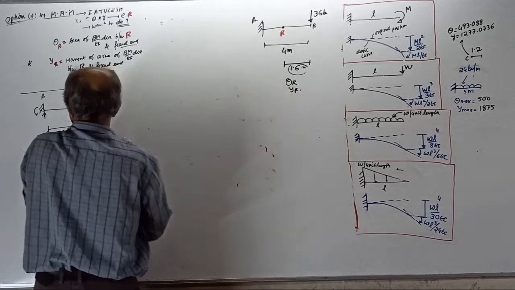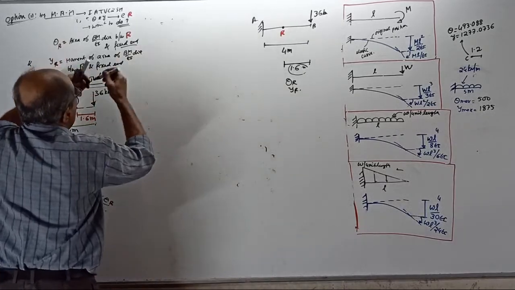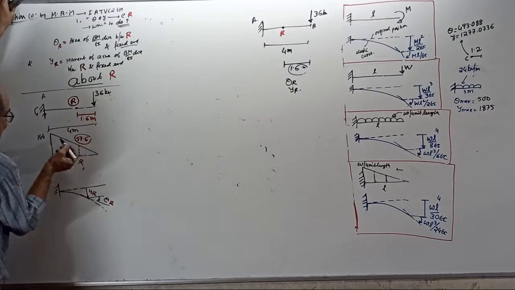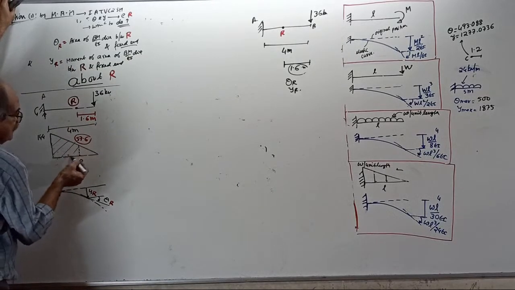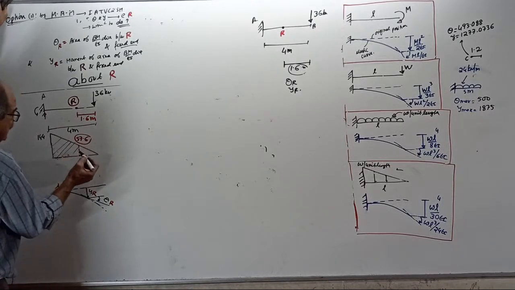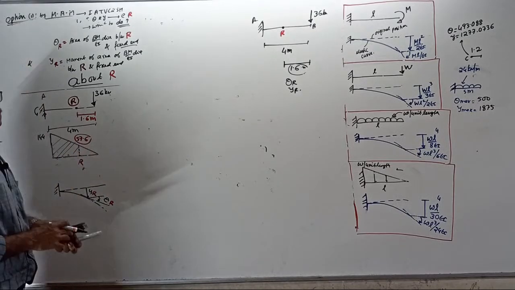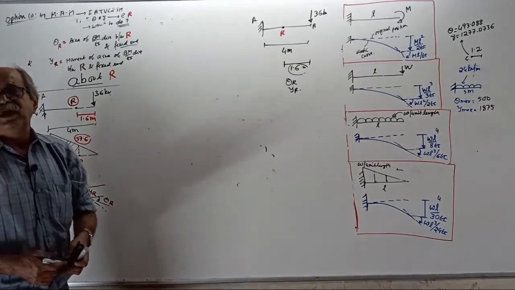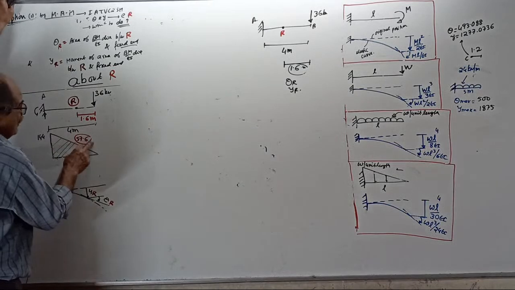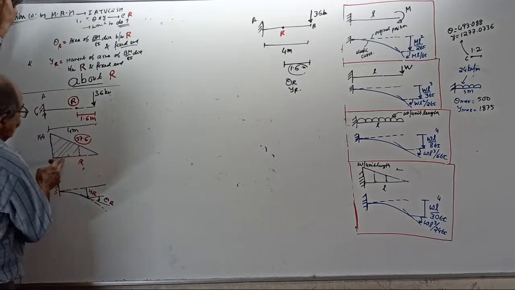Now, I want theta R and y bar. I told you, theta R is this area, trapezium. Deflection at R is the moment of this area about this point. Those who have the capacity to consider the trapezium: consider (144 plus 57.6) divided by 2, into 2.4.